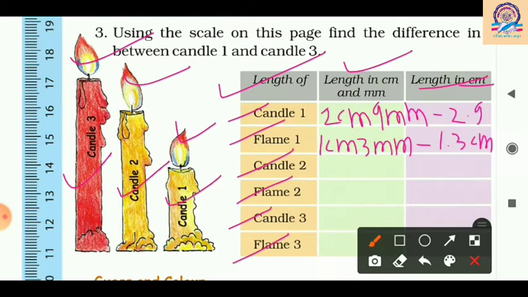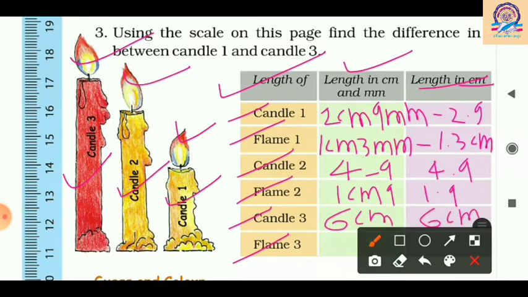Candle 2 is 4 centimeter and 9 millimeter, written as 4.9 centimeter, and its flame 2 was 1 centimeter and 9 millimeter, so we can write 1.9. And candle 3 I found as length 6 centimeter, so it will be written as 6 centimeter only.